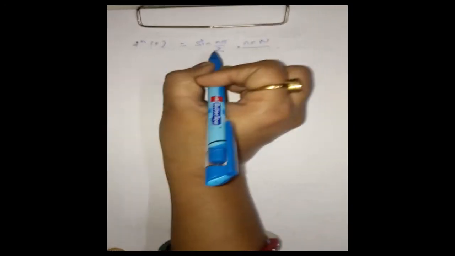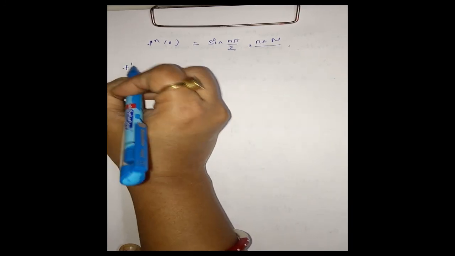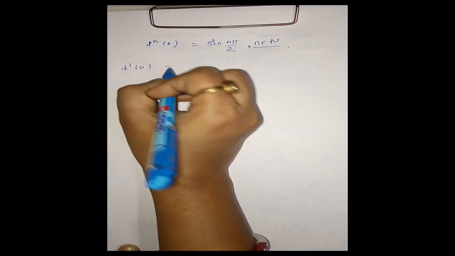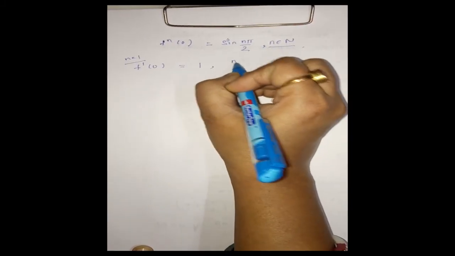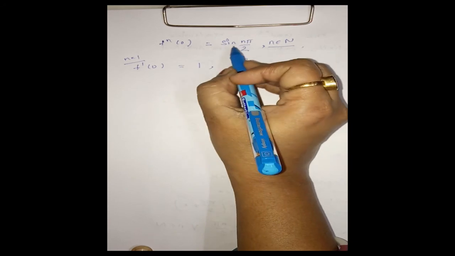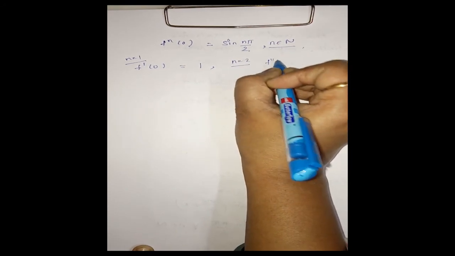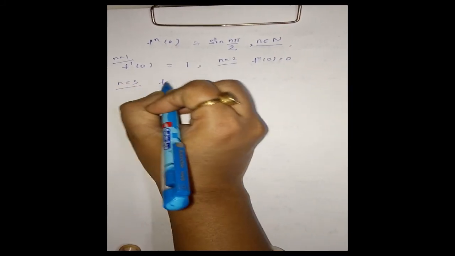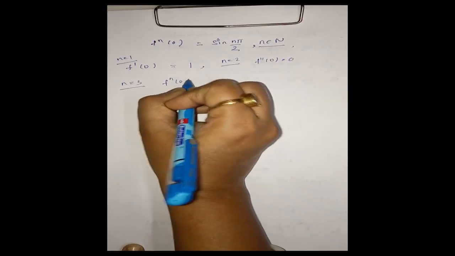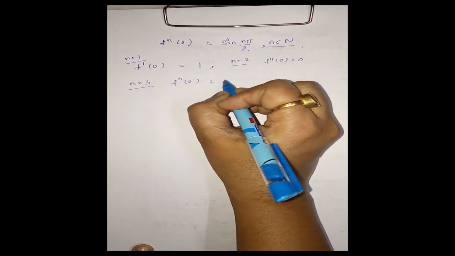Okay. Now, if I take n to be 1, then f'(0) will be sin(pi by 2), that is 1. If I take n to be 2, then this is sin(2 pi by 2), that is sin pi, that is, this will be 0. If n is 3, f^n(0) will be sin(3 pi by 2), that is, this will be minus 1.